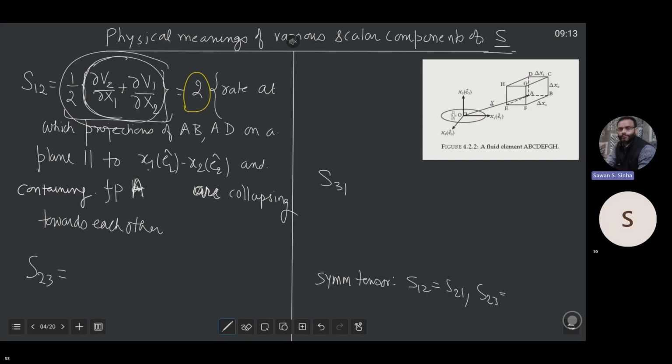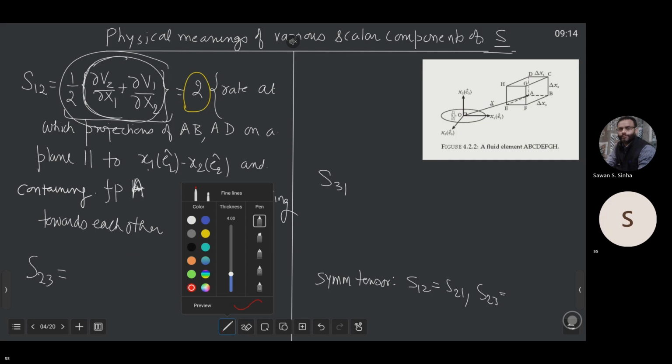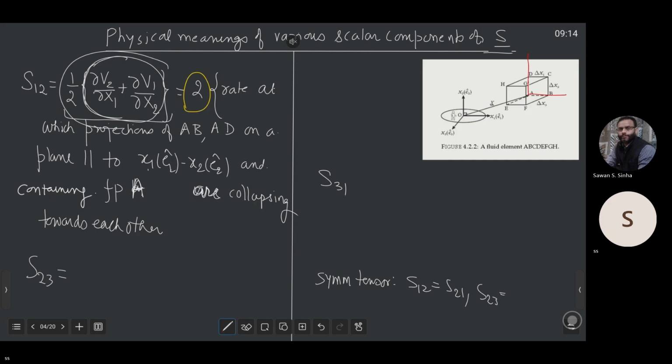AB and AD were in which plane originally? AB and AD were in the E1-E2 plane. Again, this figure is not very precise, but this is parallel to this, and this is parallel to this. 1-2 plane.